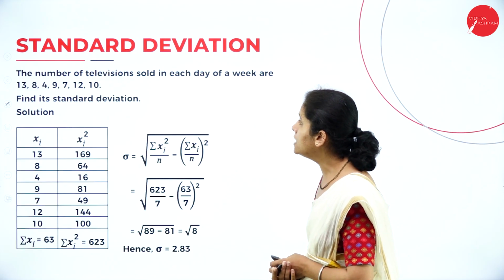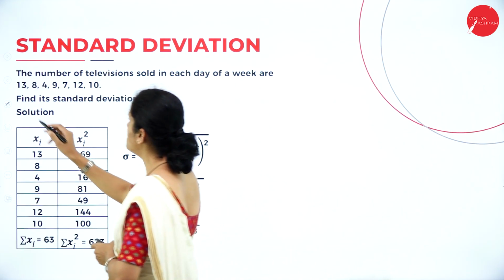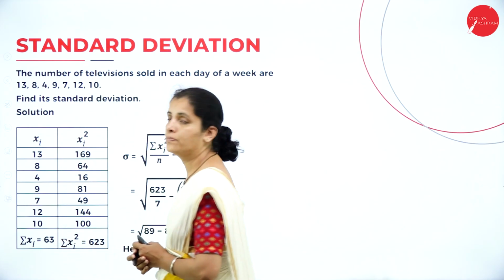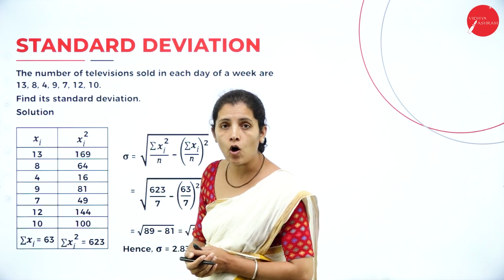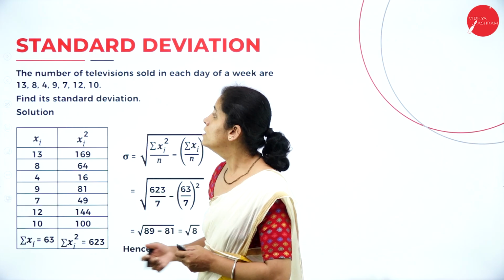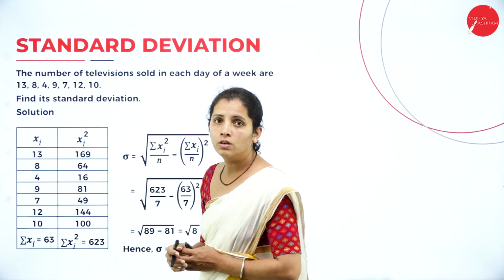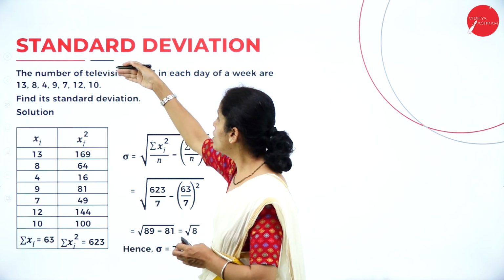So dear student, let me consider this example. See here, I have some set of data. And if I see this data, how are the data organized? Data are scattered. This is nothing but the mixed data. Now what I want to do?